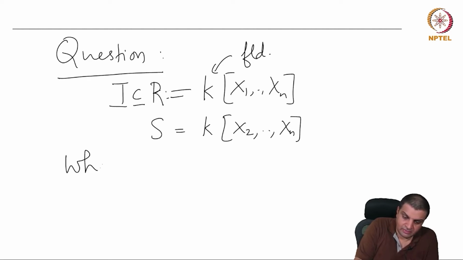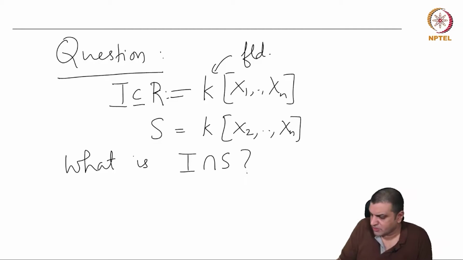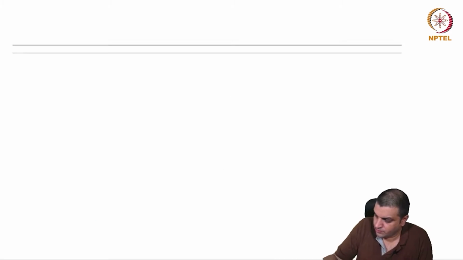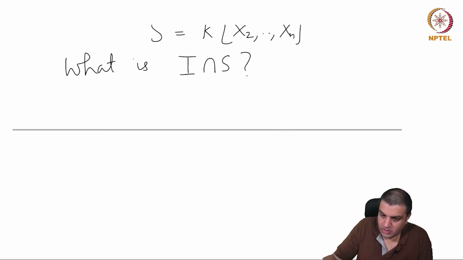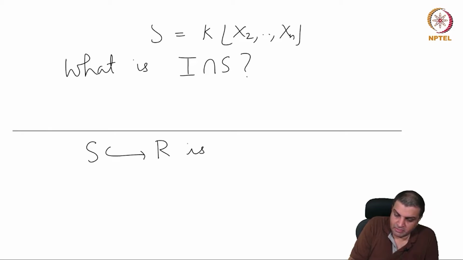And now we ask, what is the ideal I intersect S? Just one observation: this is really the contracted ideal. S sitting inside R is a ring map.